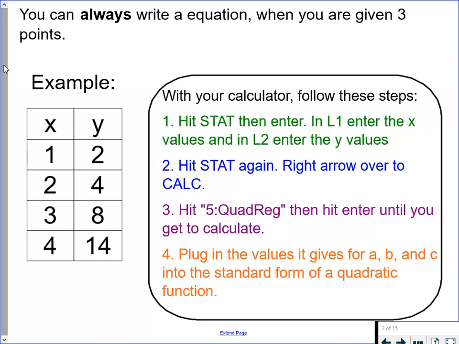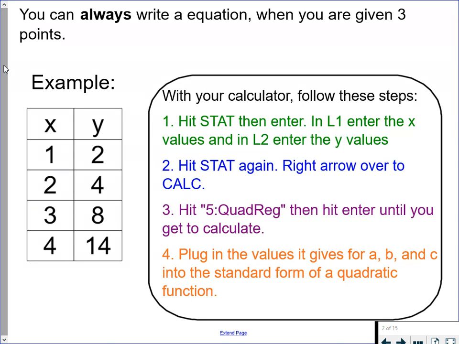In stat, how many of y'all have numbers that are already there? If we go to edit and scroll up to L1, you can press clear, enter, and it deletes the numbers in it.